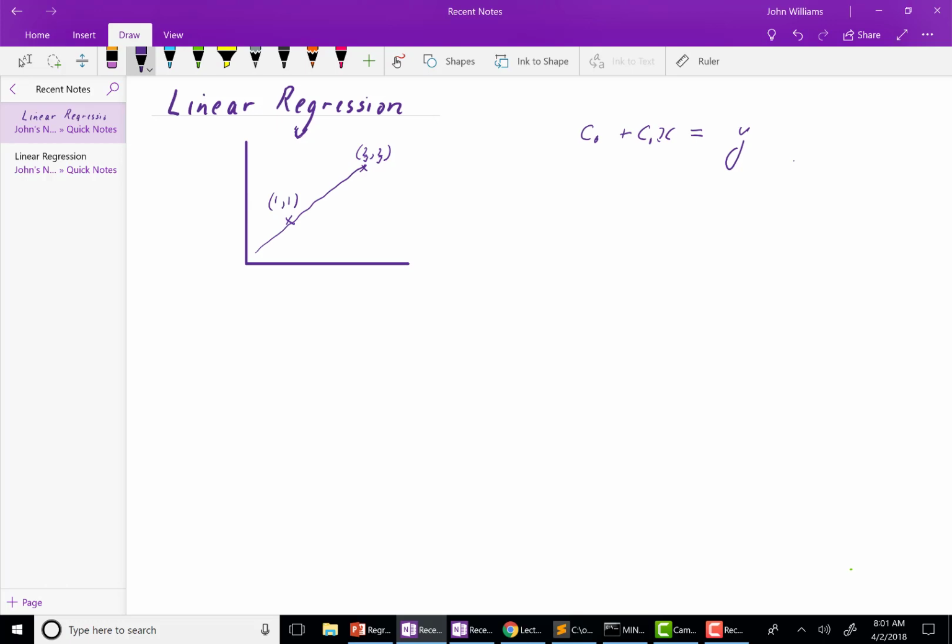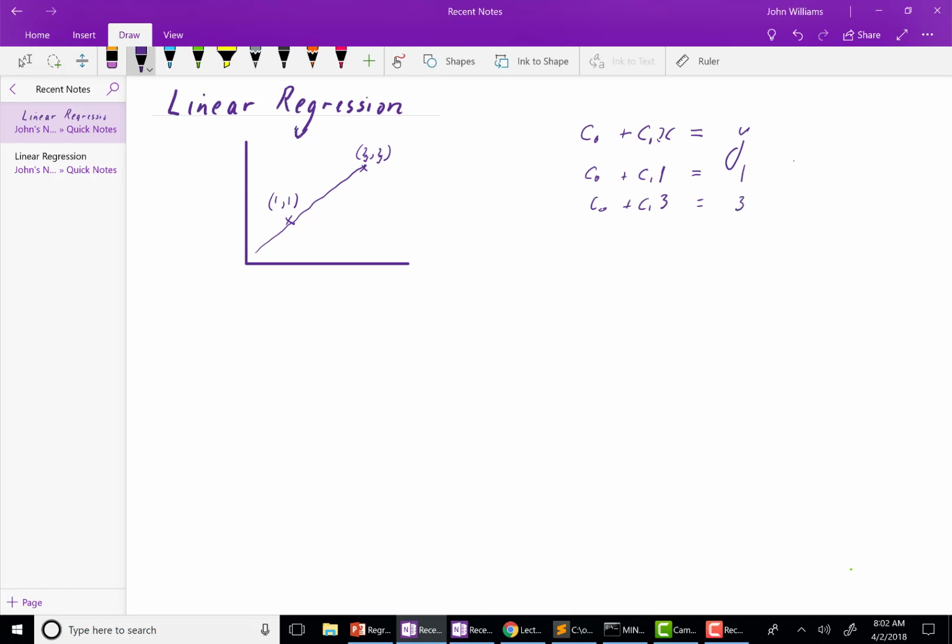To do that, we'd basically solve this equation with x. So we'd write our equation c0 plus c1, and x would be 1, and y would be 1, and c0 plus c1, x is 3, y is 3.